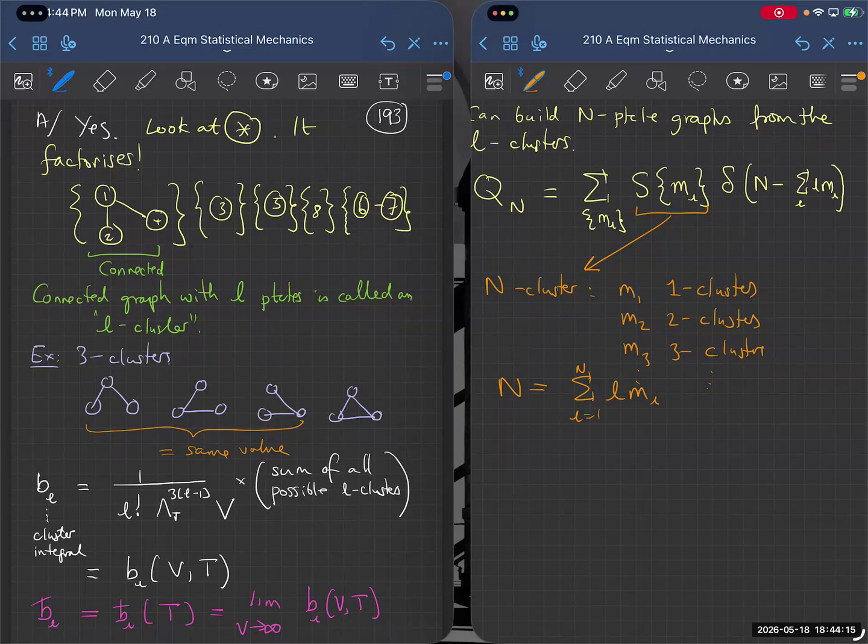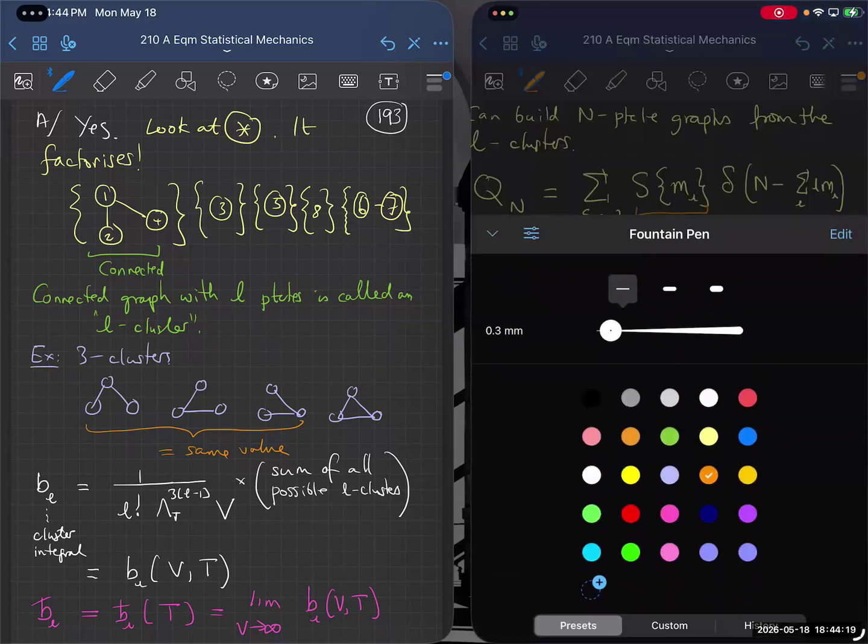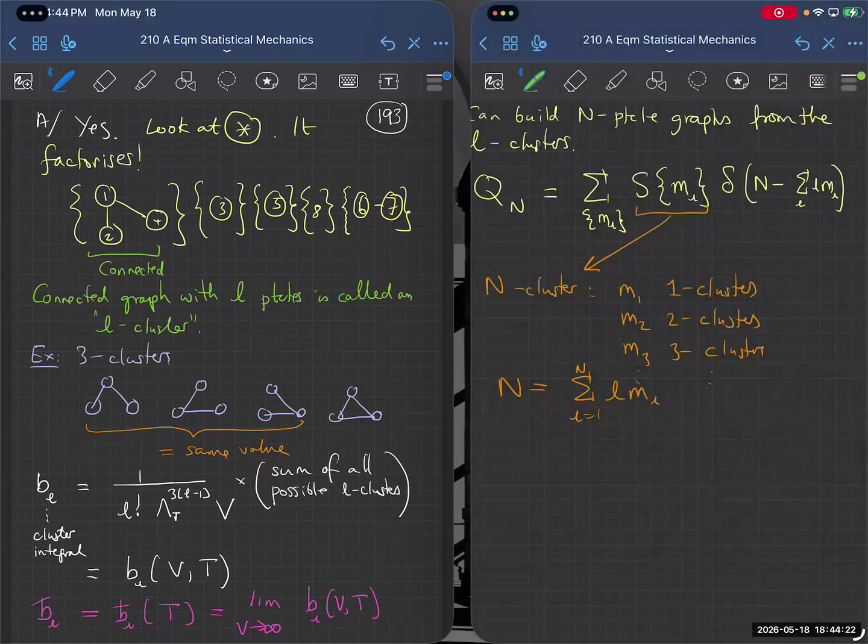And for any given value of L, there are many different L clusters.